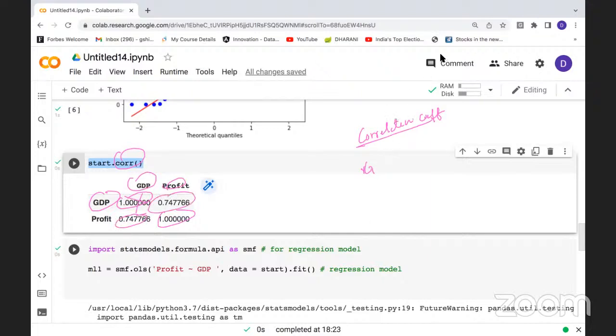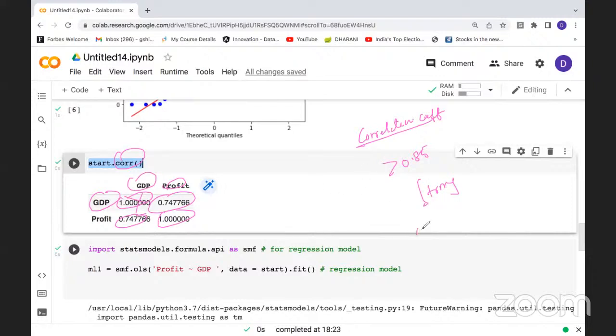You can say that if the relationship between two variables crosses 0.85, they are in a strong relationship. If at all there is a strong relationship, it is 0.85.